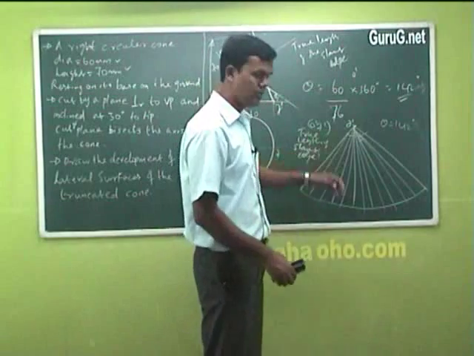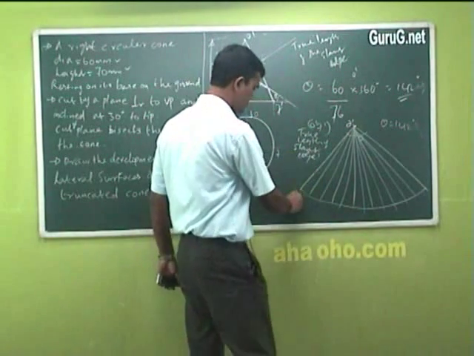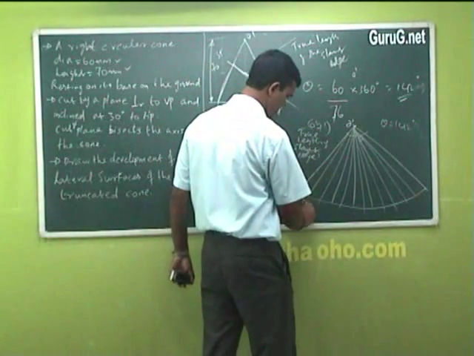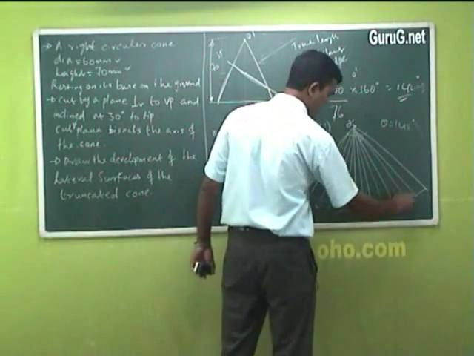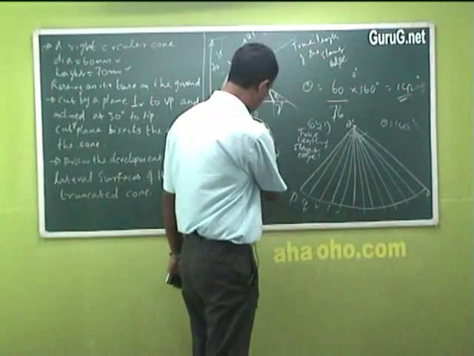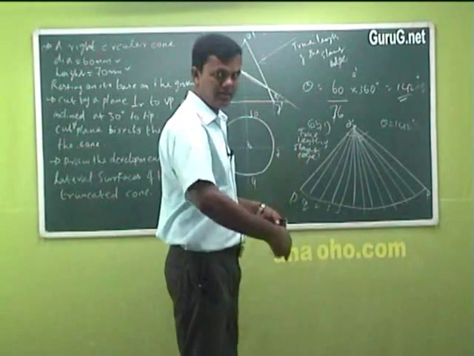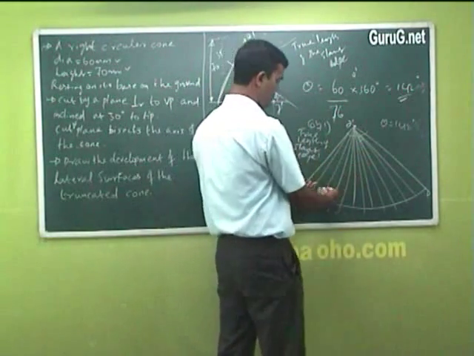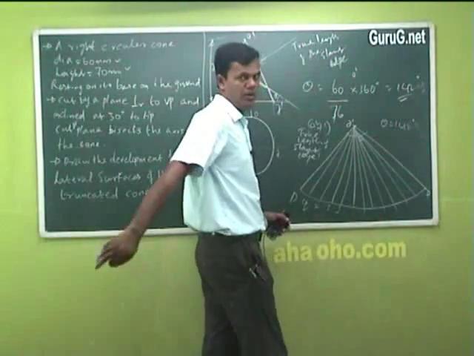Then you mark them as P, Q, R, S, T, etc., and finish it with P. The base is a circle, so when you join it, you start with P and end with P1.